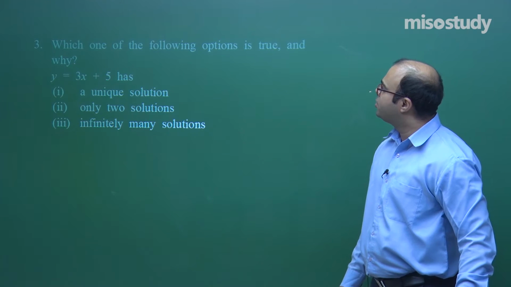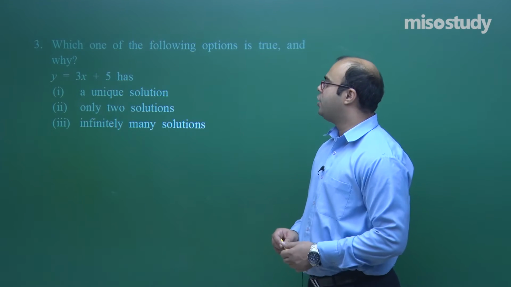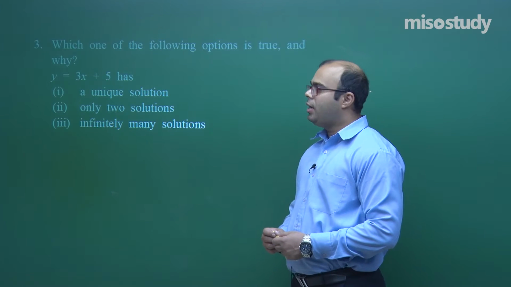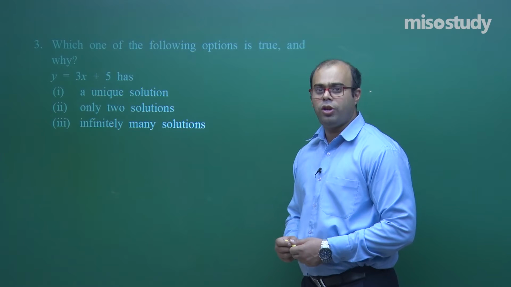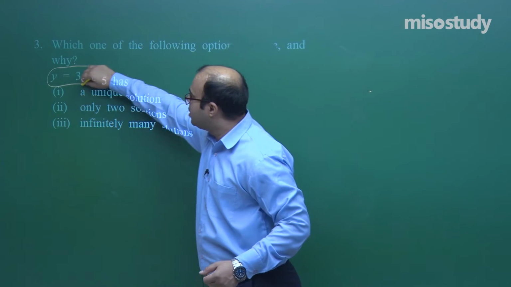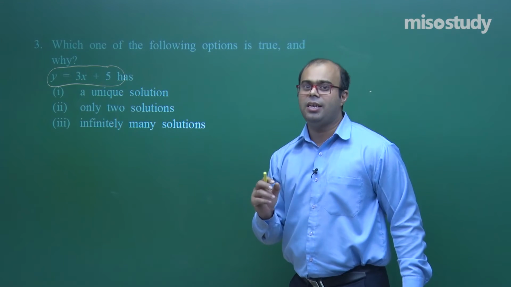Which one of the following options is true and why? y is equal to 3x plus 5 has a unique solution, has only two solutions, has infinitely many solutions. Now students, it is about theory. Since it is a linear equation in two variables, it represents a line in a plane.